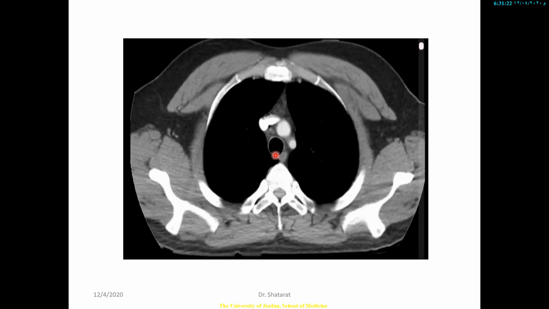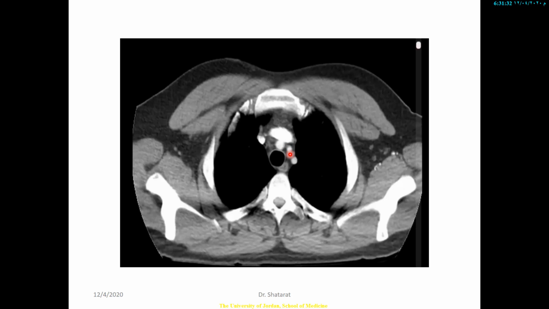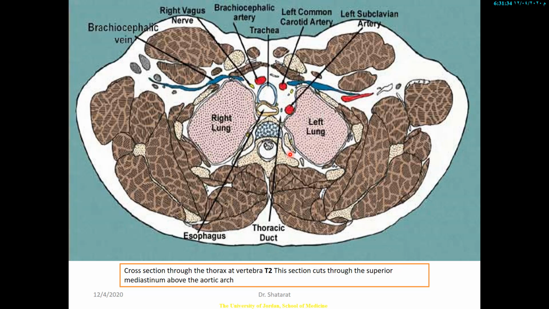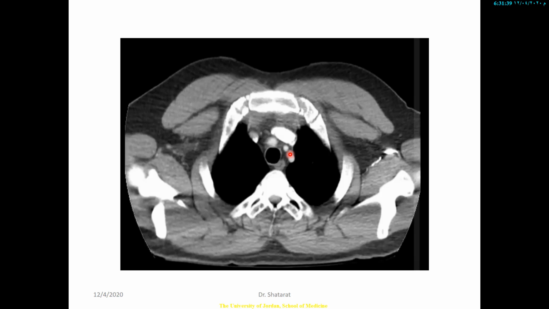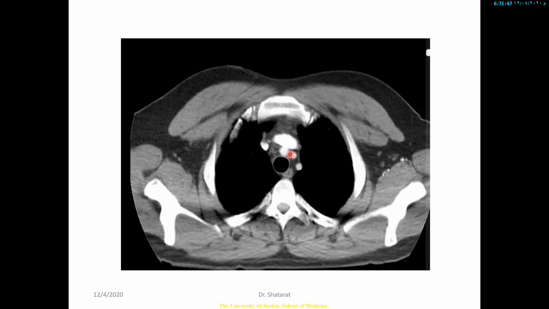Now, this is again the same CT. Okay, we were right.